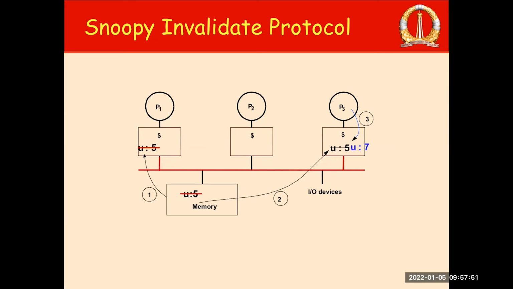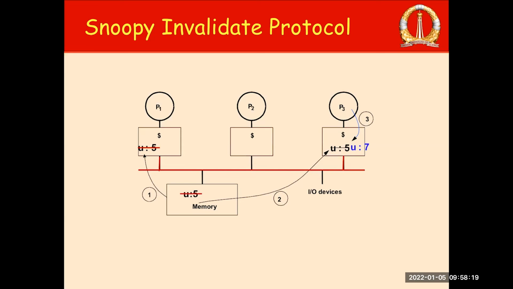When P3 writes the value of U to be 5, it has also ensured that no other processor had any stale copies. It has achieved this by invalidating all of the other copies. In the case of an update based protocol, instead of invalidating, you will actually go ahead and update the value to U as 7.